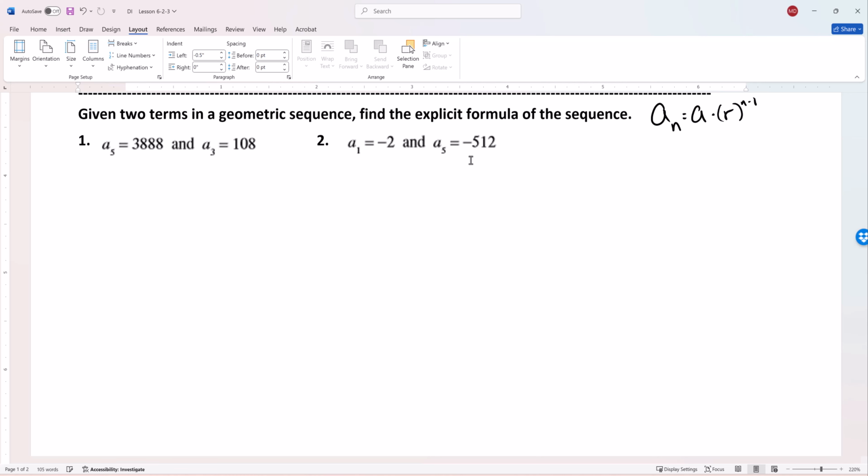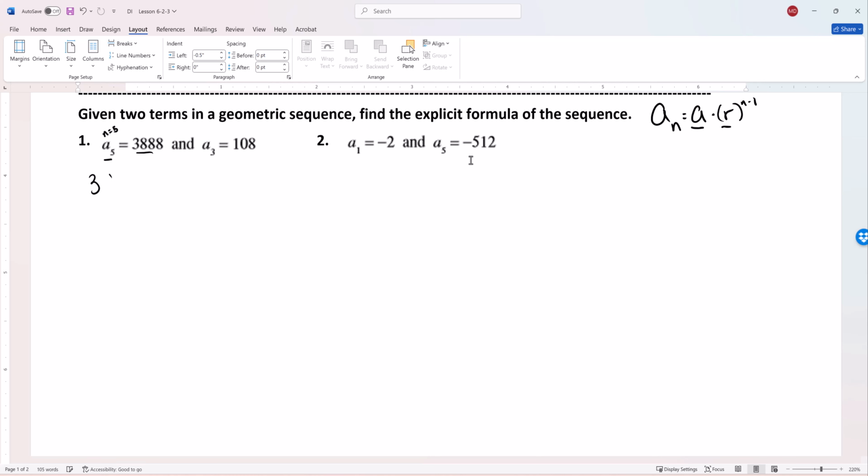Now what it gives us is the term and then what that term equals. So basically it gives us what the n is. In this case the n equals 5, and then obviously the a sub 5 equals 300 or 3,888. So I can write those two statements with my a and my r as the variables that I'm looking for.